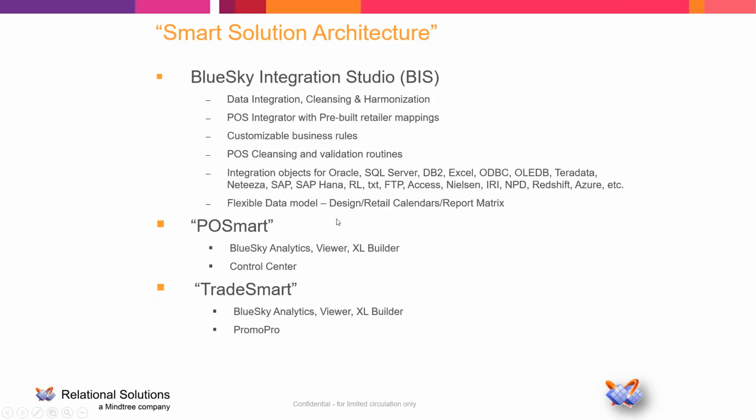So we're piggybacking off of this POSmart architecture, but we're adding all those other areas that are necessary for trade analytics and ROI analysis. On the end user side, again, for the reports and for doing ad hoc queries, they're using Blue Sky Analytics, the Power User tool, the Viewer, and Excel Builder based on your preference.